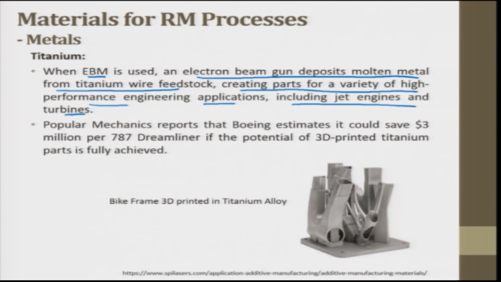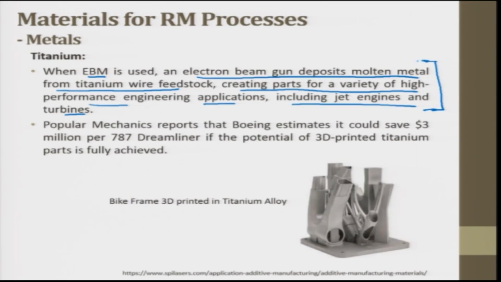Waste reduction is the key advantage with expensive titanium and other alloys. As titanium is expensive, high waste cannot be afforded. So EBM is the process that doesn't produce a huge waste, and titanium can be used to develop parts using this process.